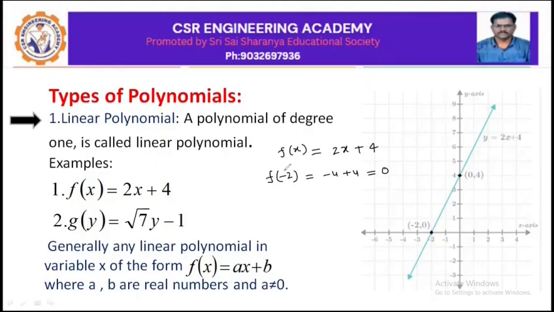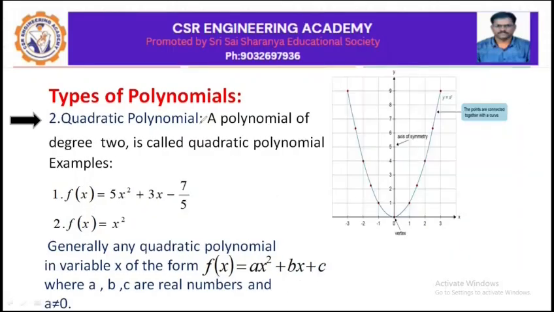So the input value is minus 2, the output value is 0, and the corresponding point is (minus 2, 0), plotted on the x-axis. F of 0 is equal to 2 into 0 plus 4, which is equal to 4. Input value is 0, output value is 4. So plot the second point (0, 4) on the y-axis. Join the two points, which gives a straight line.